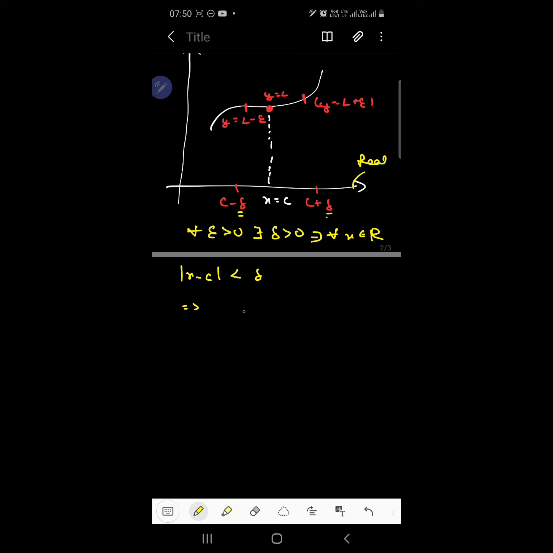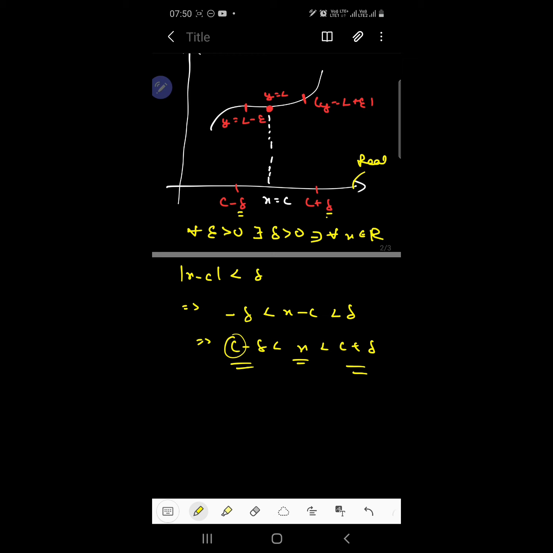What does this mean? This means that minus delta is less than x minus c is less than delta, that is, c minus delta is less than x less than c plus delta. So x is lying between c minus delta and c plus delta, where c is the value towards which x is approaching.